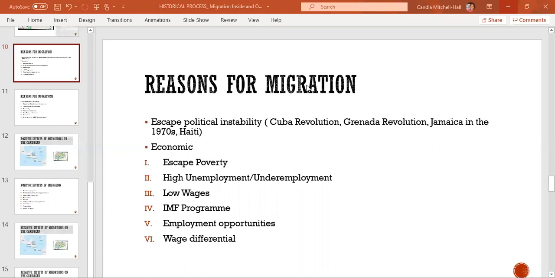For example, before the Cuban Revolution, during the Cuban Revolution, and I believe the revolution still continues now, once the socialist government is still in place. So we always see Cubans who are migrating to escape Cuba. They don't like the political system there.